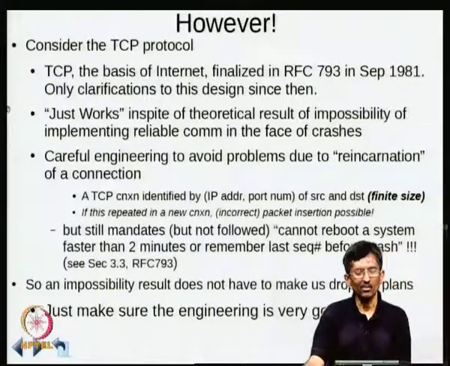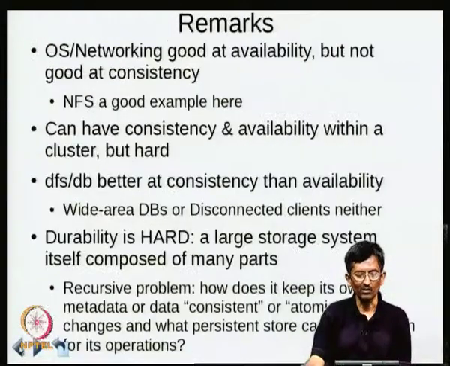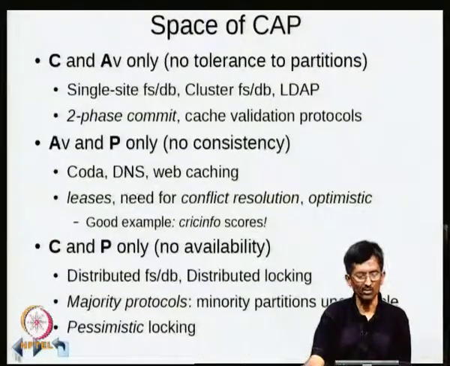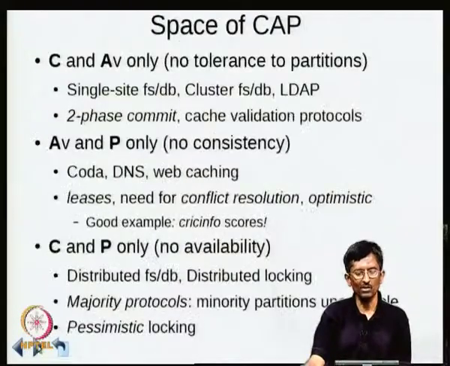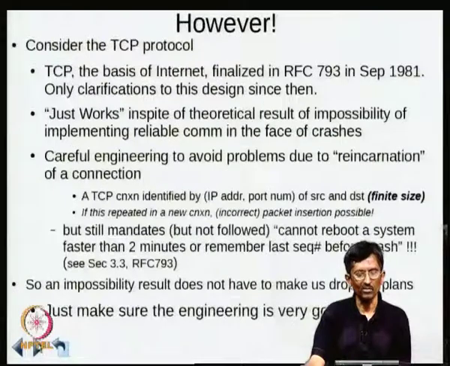So, basically all I am trying to say is that it is true that there are many impossibility results. For example, we looked at all these cases, all these issues. But that does not mean that you cannot do certain things. I will give you an example of a protocol like the TCP protocol.